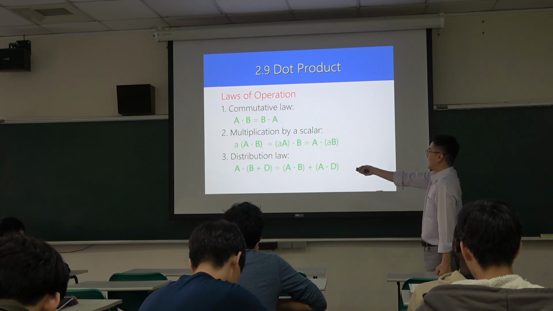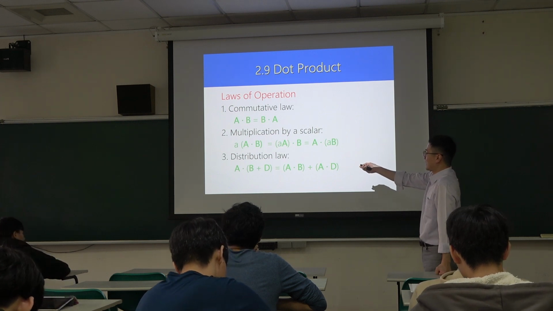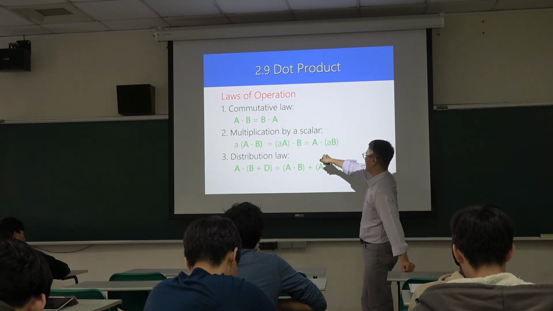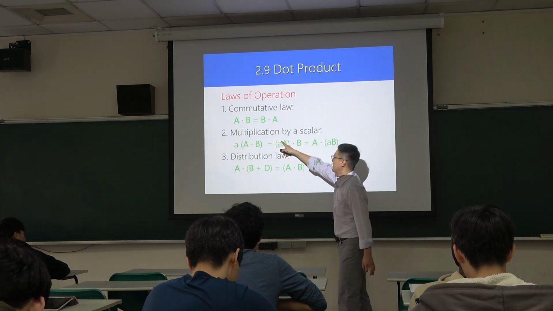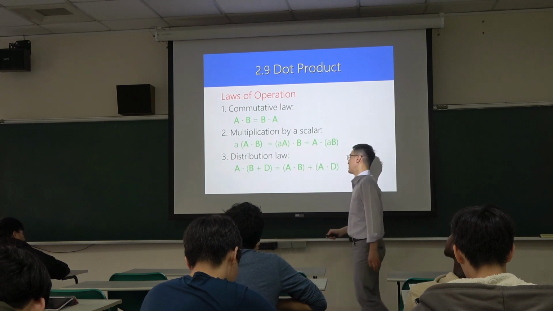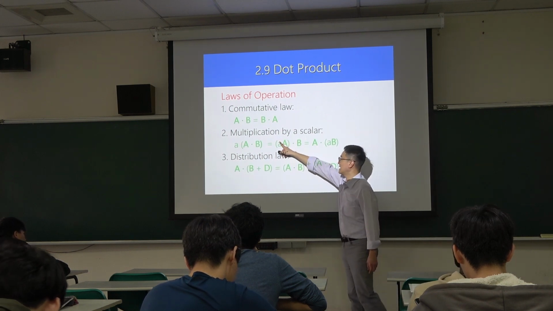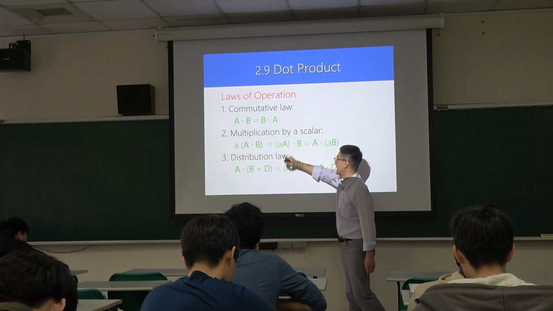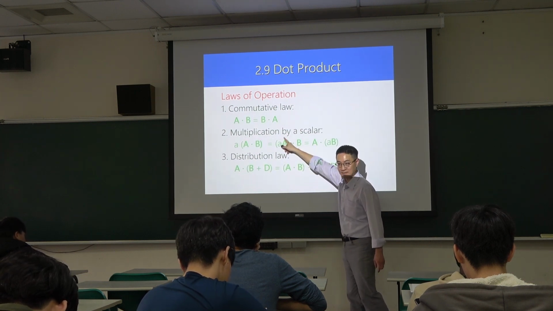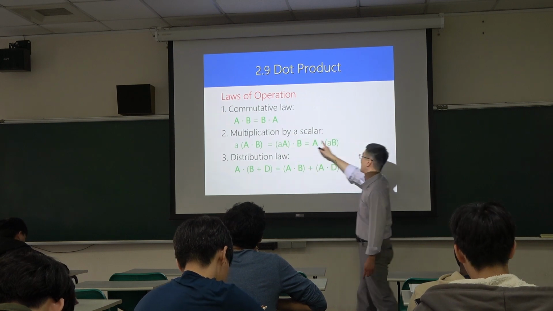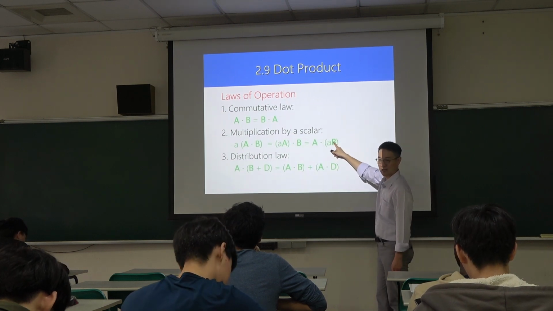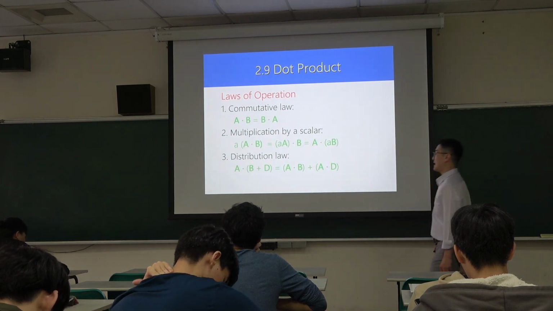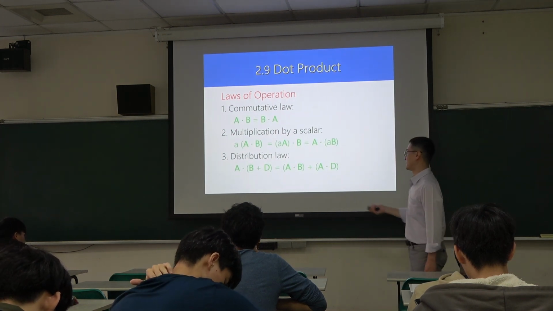For multiplication by a scalar, if we multiply by an additional value, this lowercase a can multiply the vector A and also multiply the vector B. They mean the same thing. Then we follow the distribution law.